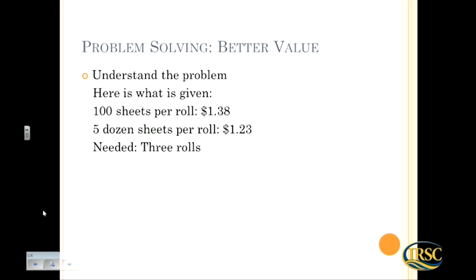That's definitely one strategy you can take, because you want to see how many sheets you have at that price. So what is 5 times a dozen? 60.